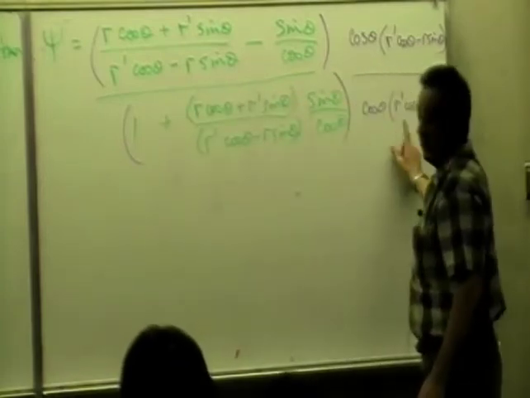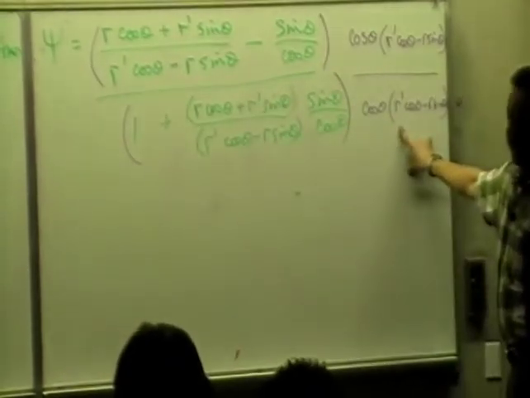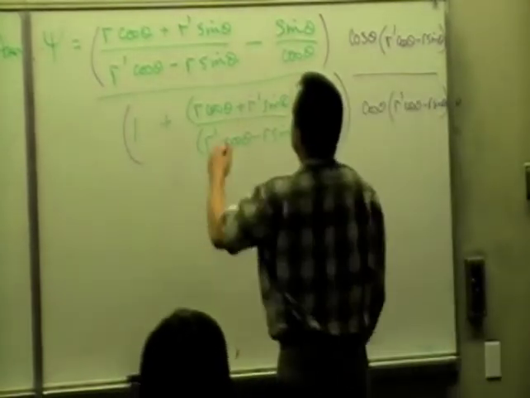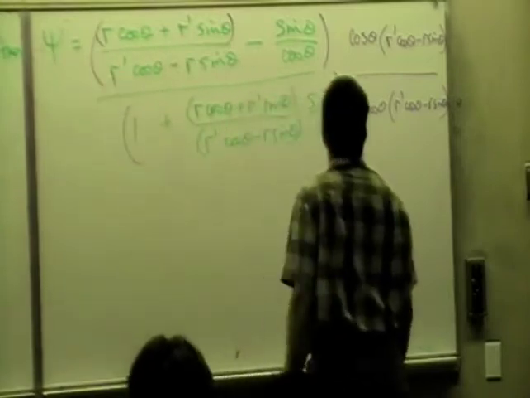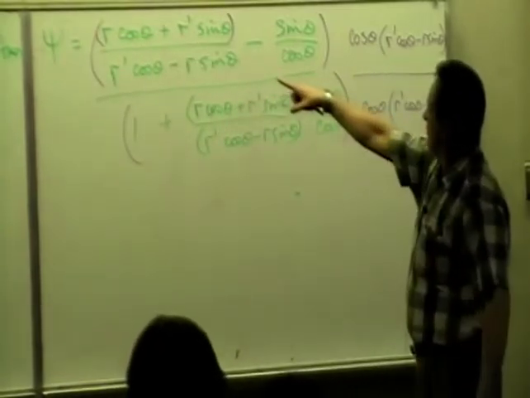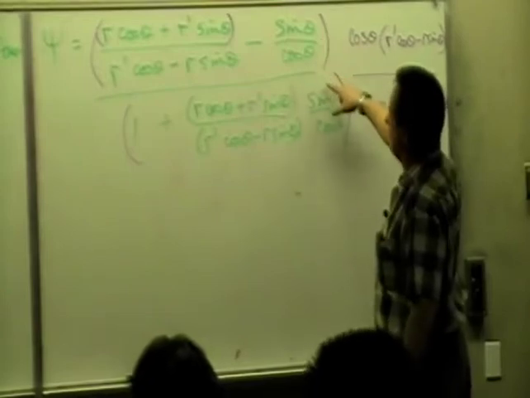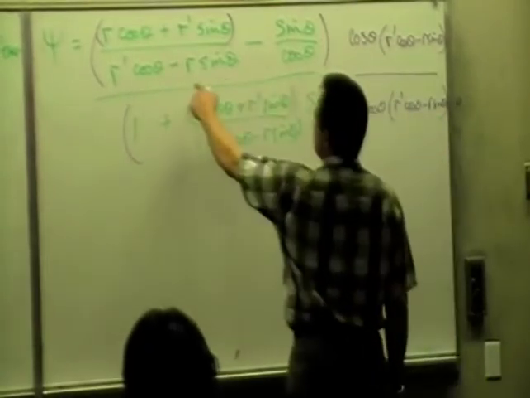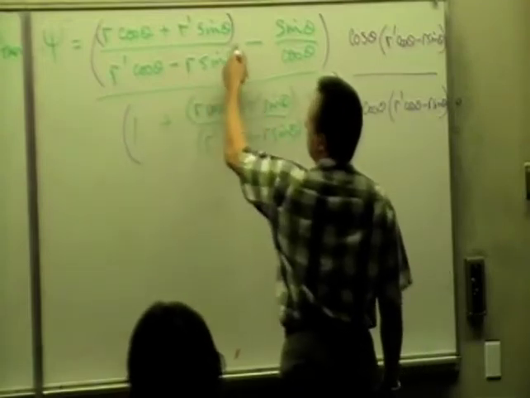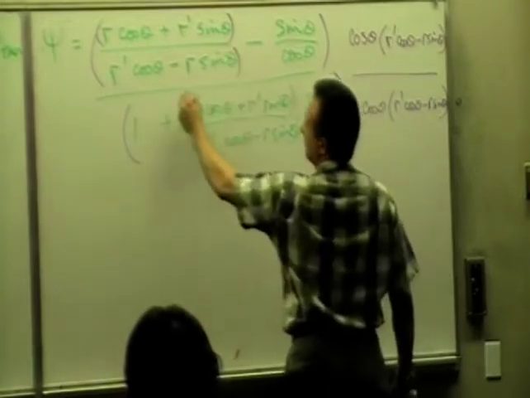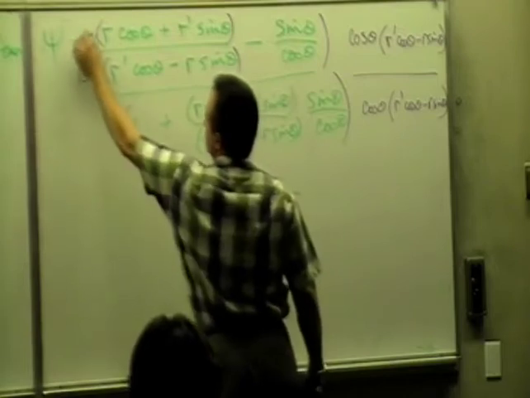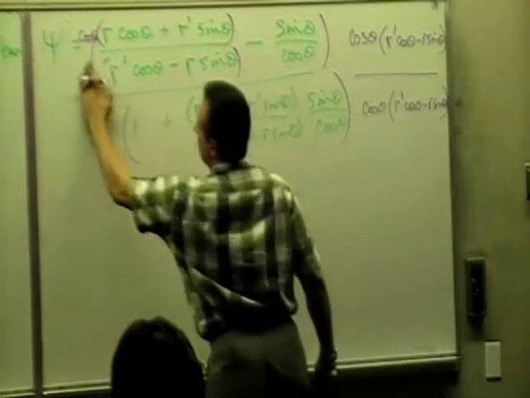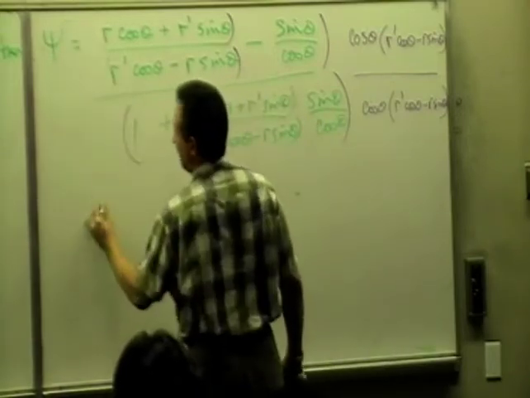Everybody got that? And if I multiply this out, what do I get? I get this quantity times that first quantity minus, this is going to cancel out with this common denominator. So what's the common denominator here? If I multiply this by cosine theta, just multiply it out. I'm trying to find a way to get around it.